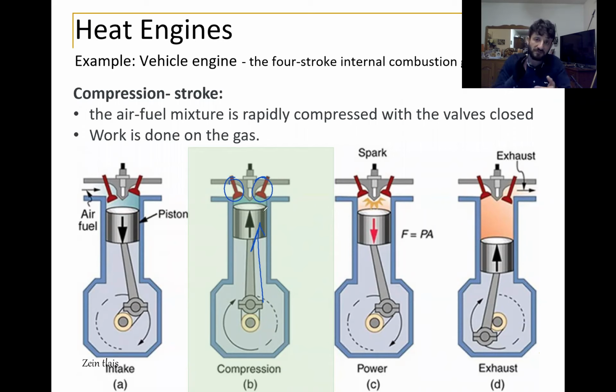We can compress the gas in a closed system, okay? So the work is done on the gas. What I mean, we have a decrease of volume. In this case, the work done by the gas is negative, but the work done on the gas is positive, okay? This is the second point.